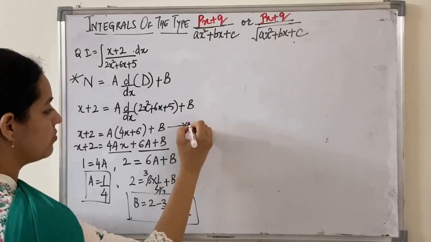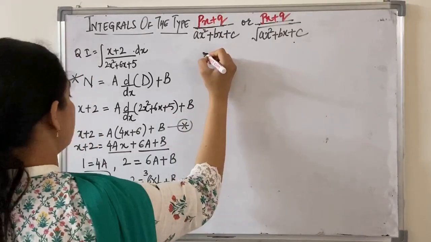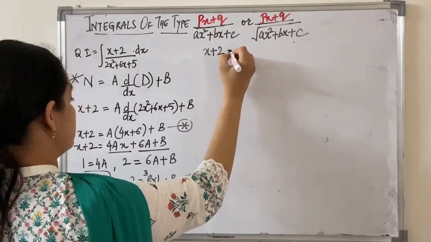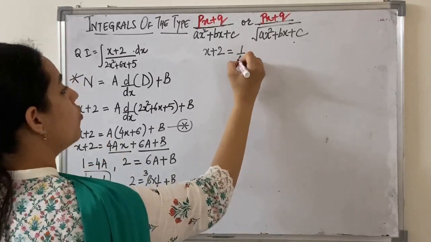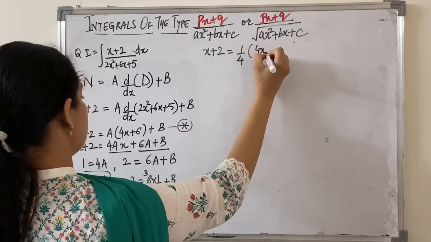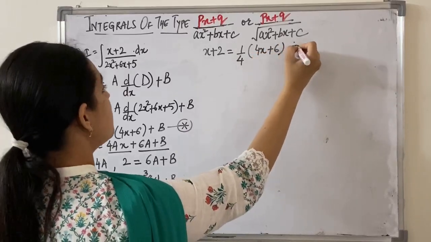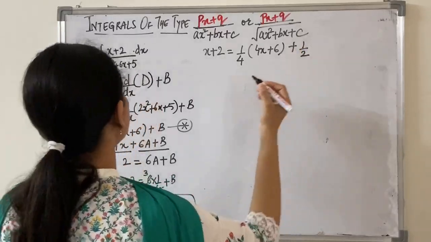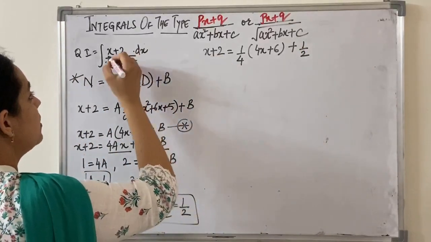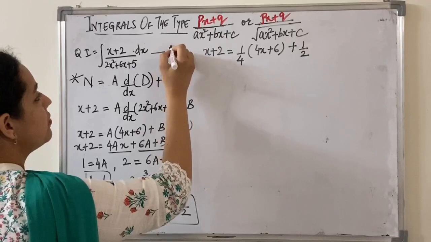And from this equation we can write the numerator, that is x plus 2, as the value of a is 1 upon 4 into 4x plus 6 plus the constant b, that is 1 upon 2. And we are going to use this numerator in our given integral.